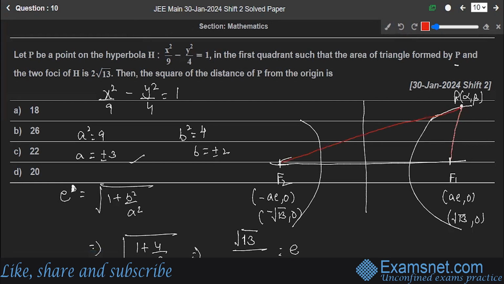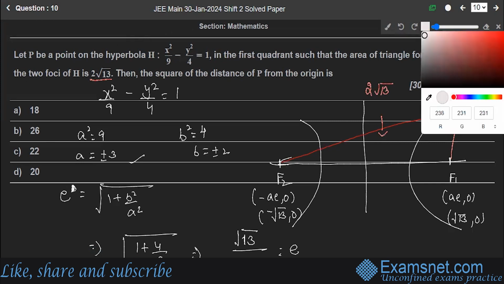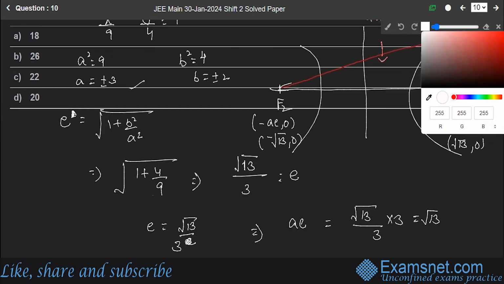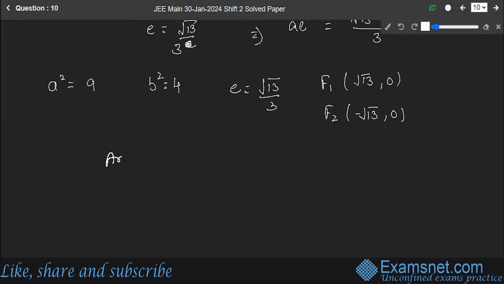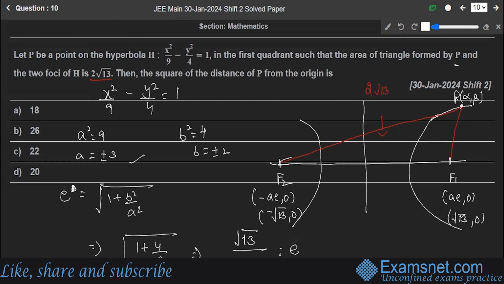So area of this triangle, you are given in the question that this is equal to 2 root 13. What is the formula for area of the triangle? Area of triangle, let's say that was P F1 F2. This is given in the question to be 2 root 13.